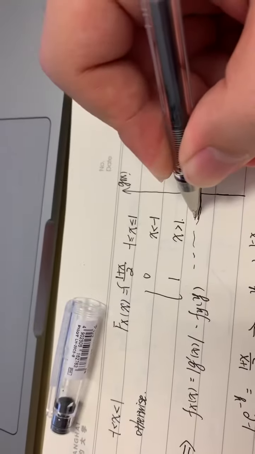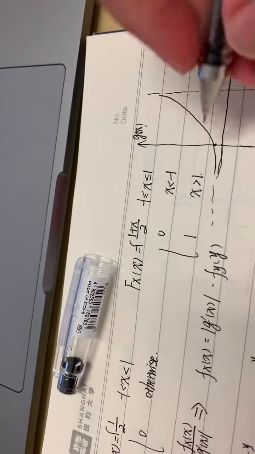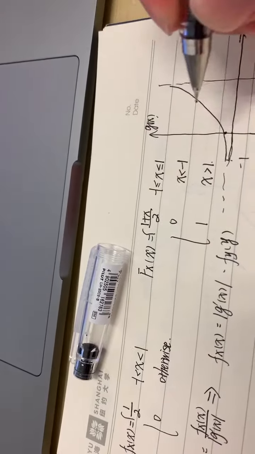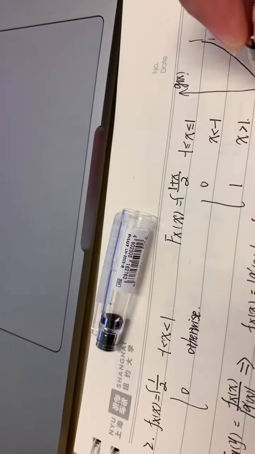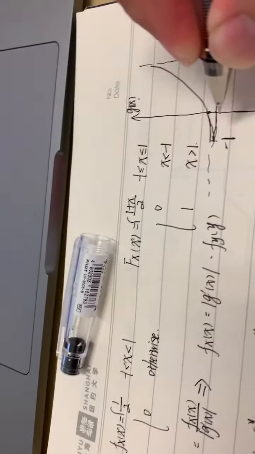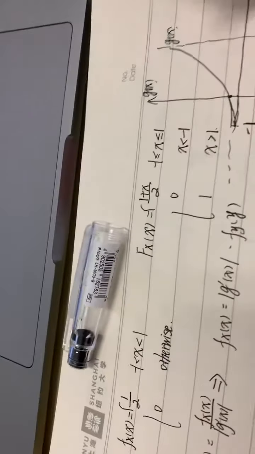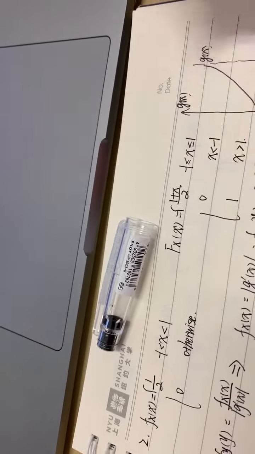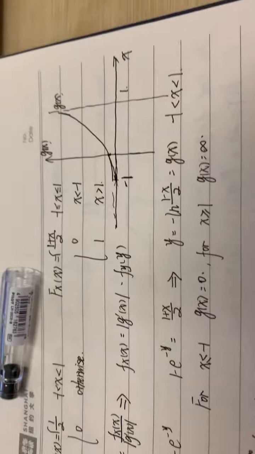It should be like this. Okay. That's -1. When x is -1, g(x) equals 0. Okay. And it should always be 0. And when x is larger than 1, g(x) should be infinity. Okay, that's the solution to this question.